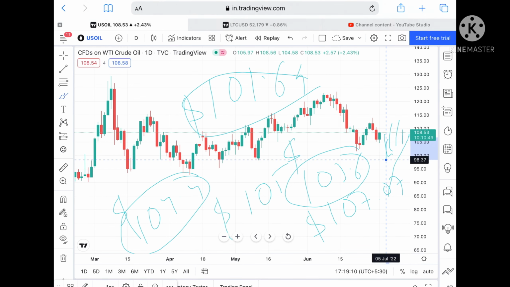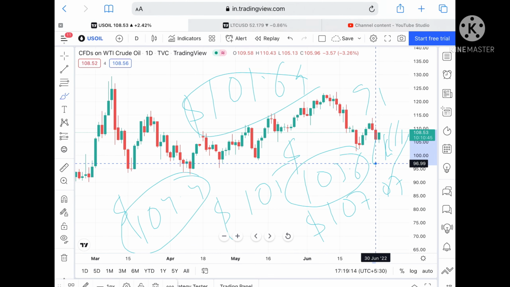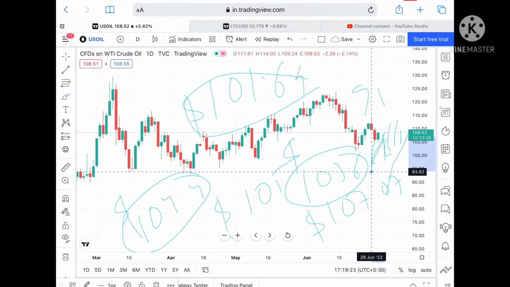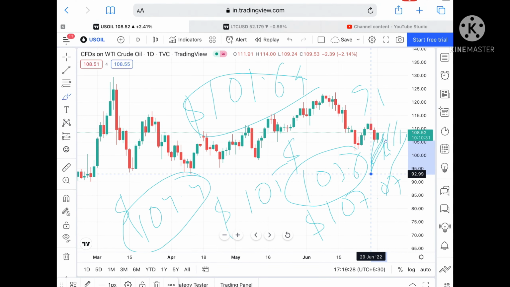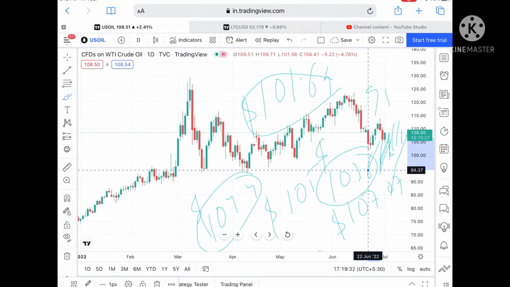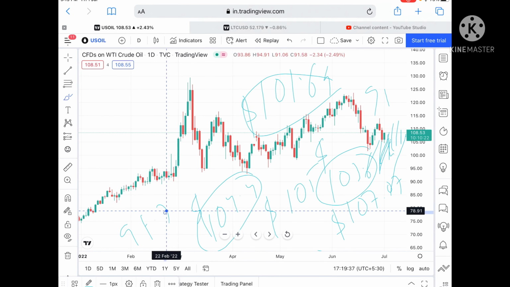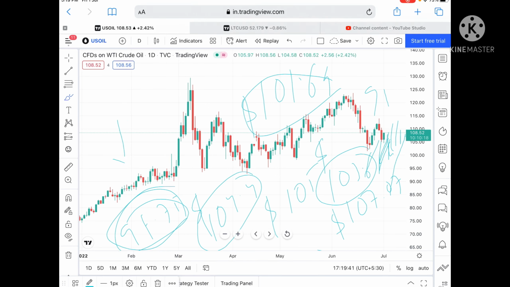Suppose the price goes below that level, then we can see it can touch a level of 98.24, and from there a level of 96.69. Suppose the price goes below that level, then we can see it can touch a level of 95.34, and from there a level of 93.82. Suppose the price goes below that level, then we can see it can touch a level of 92.99. Once the price goes below that level, there will be a probability of touching a further low of 91.75, and once it goes below a level of 91.75, we can see a further low.